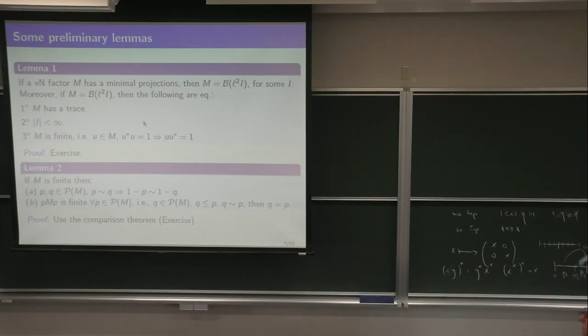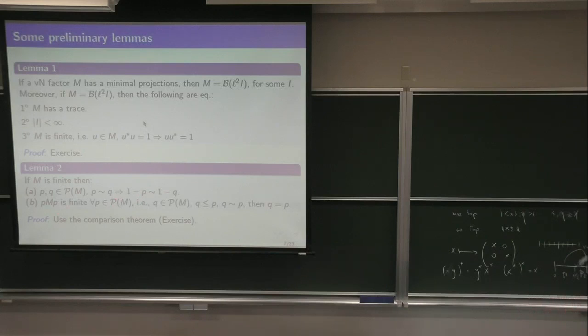Okay, so let's start. The first lemma, a more substantial one, is that if M is a finite factor, and if P and Q are projections that are equivalent, then the complements are equivalent.